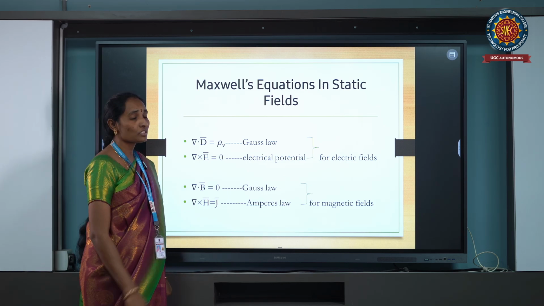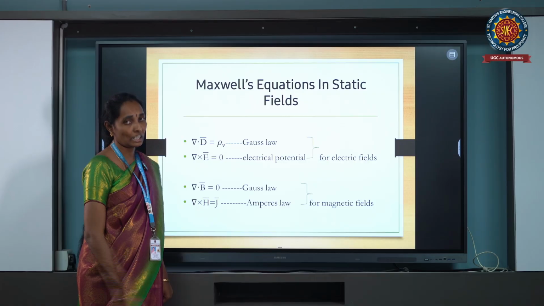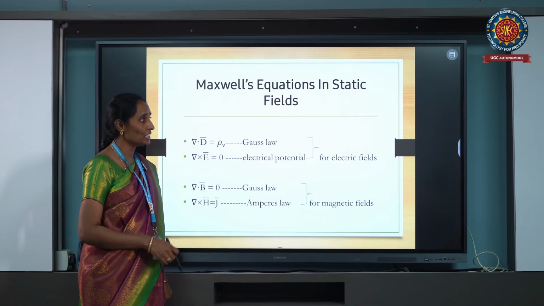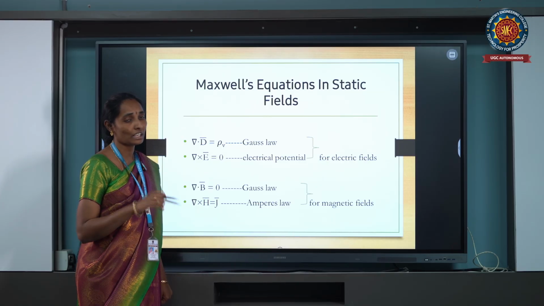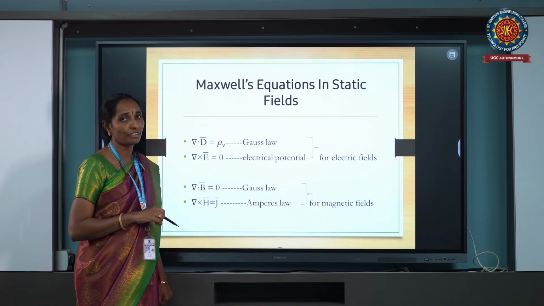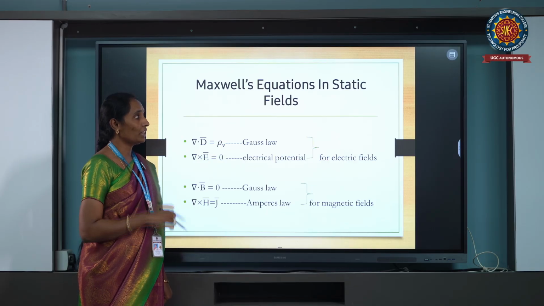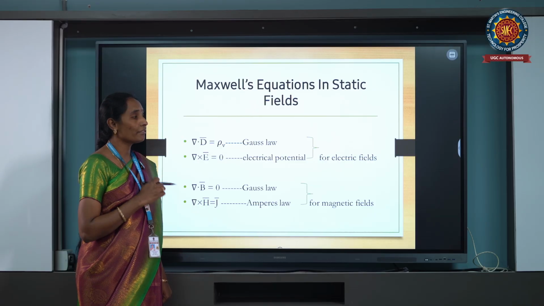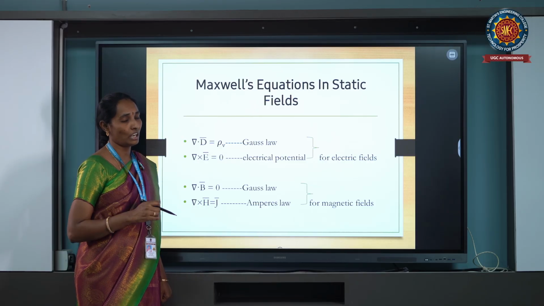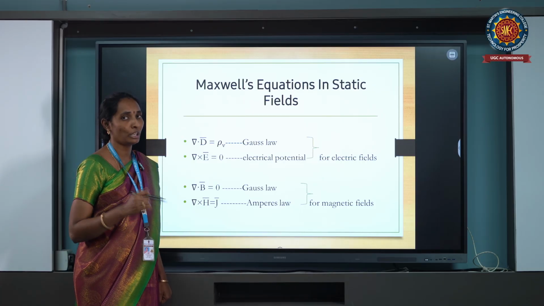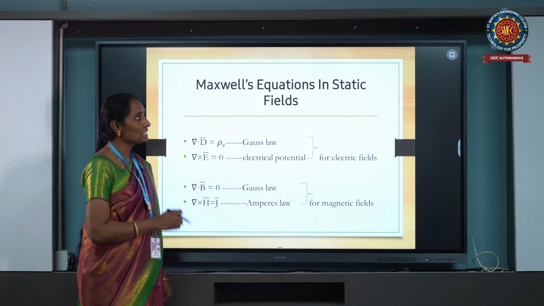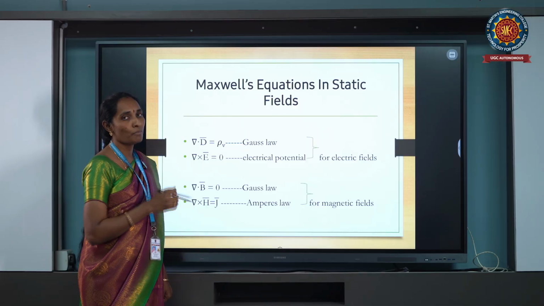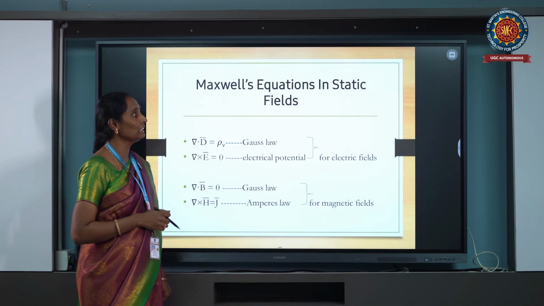First, consider the time varying condition. In the time varying condition, both the electrical field component and the magnetic field component vary continuously with respect to time. At that time, finding any equation or any field component is very difficult. That's why we consider Maxwell's equations in static field.